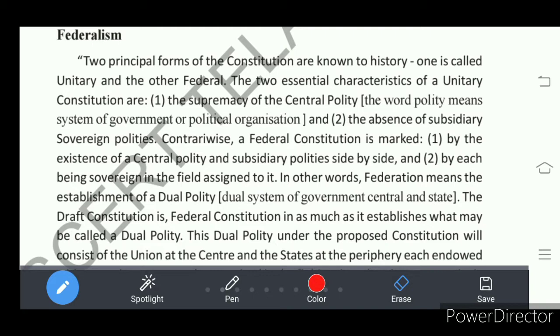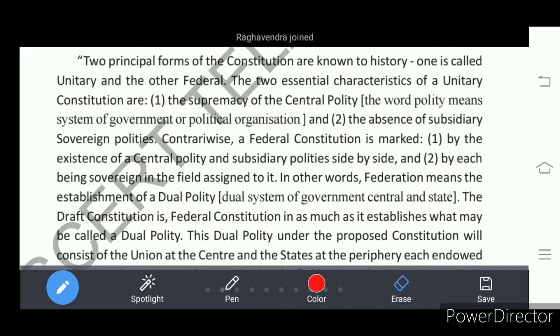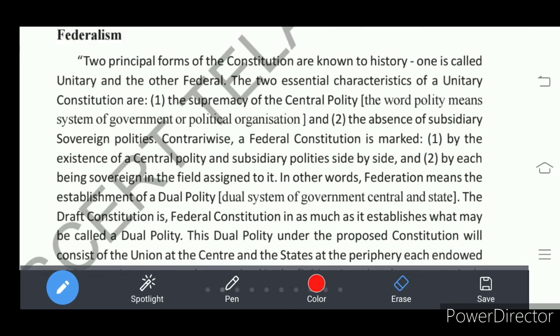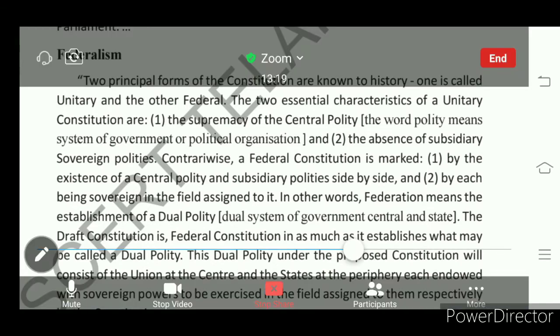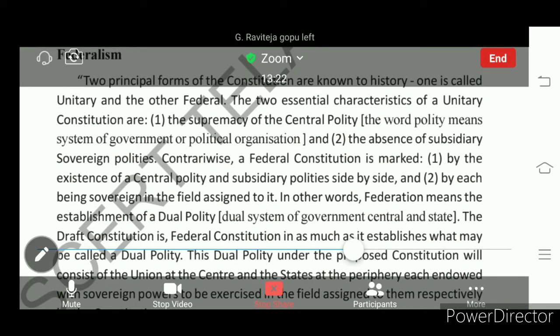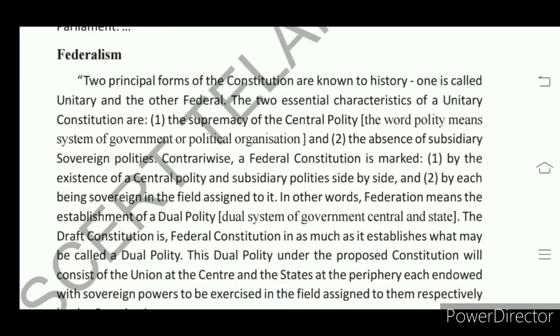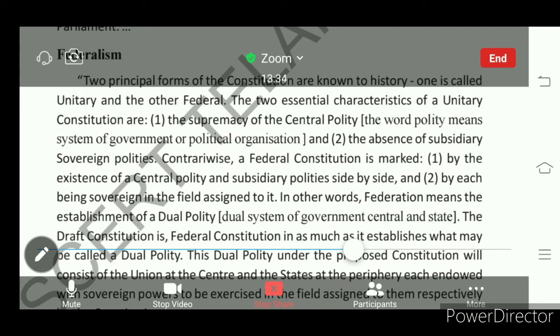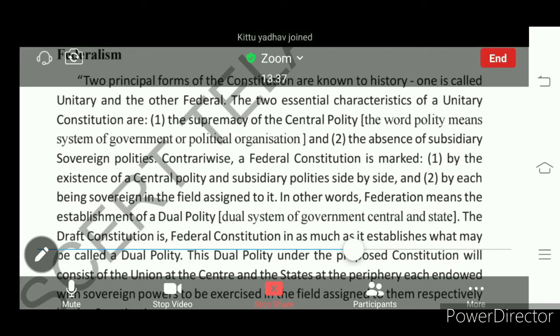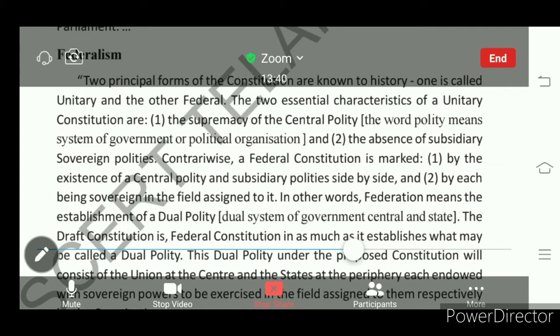How do we identify whether a constitution is a federal one or a unitary one? There is a basic principle: where there is a unitary constitution, we find only one government at the national level. That is called central polity or single polity. There won't be state governments in a unitary constitution.